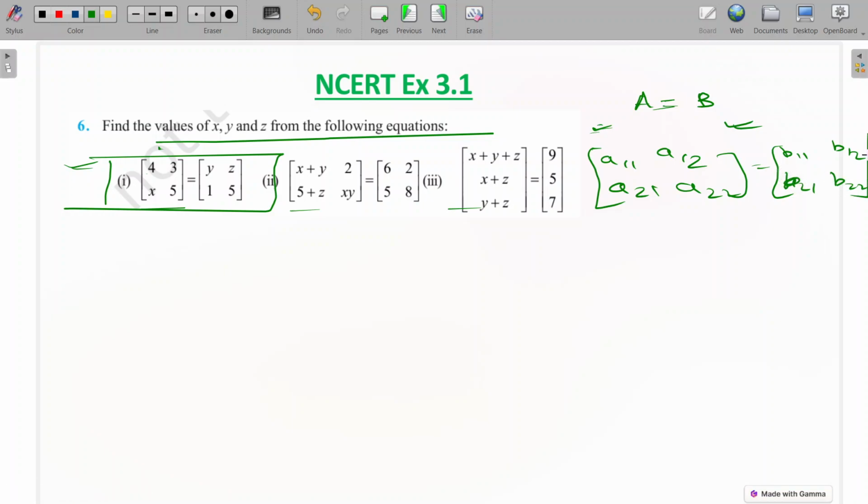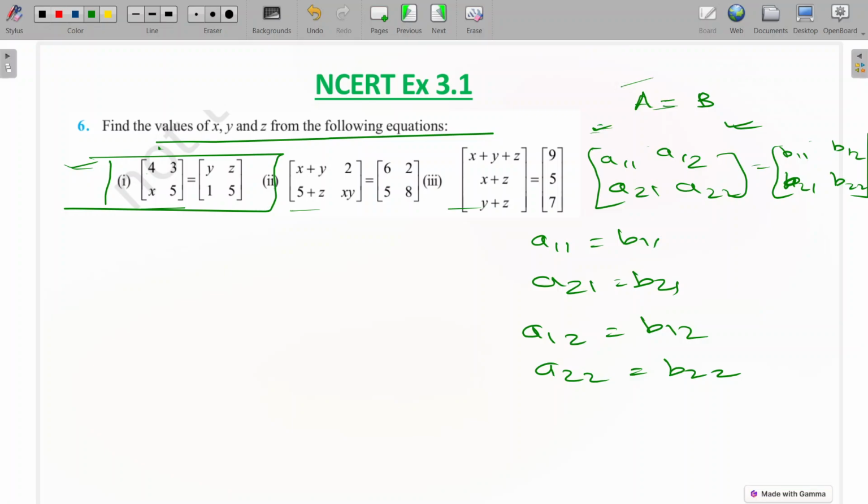It means A11 equals B11, A21 is equal to B21, A12 is equal to B12, and A22 is equal to B22. This is for all matrices. If A is a row matrix, then simply A11 will equal B11, A21 is equal to B21. It is like that only.